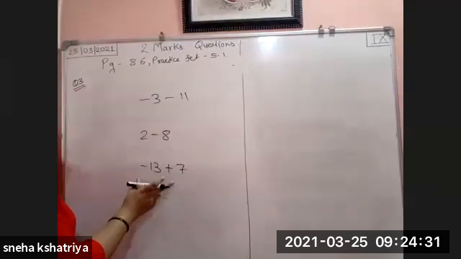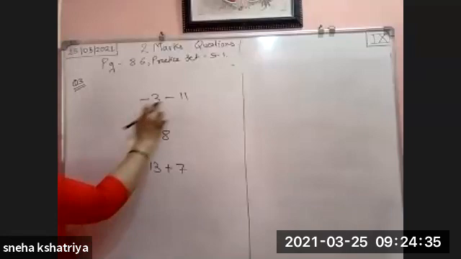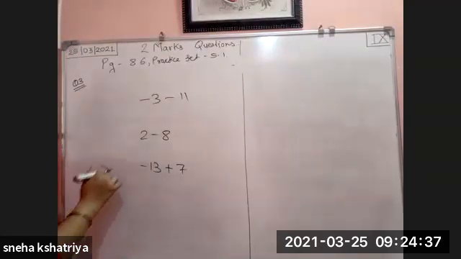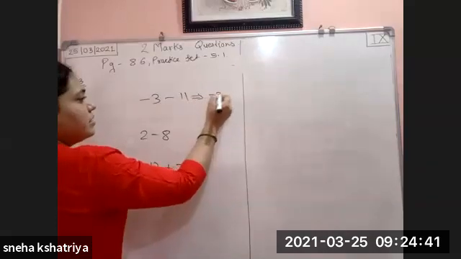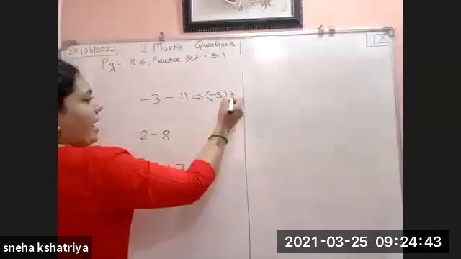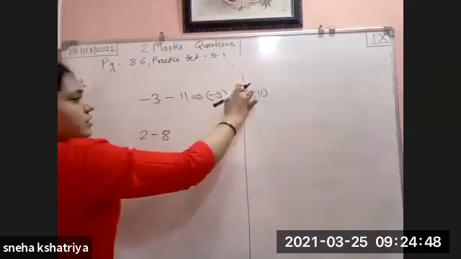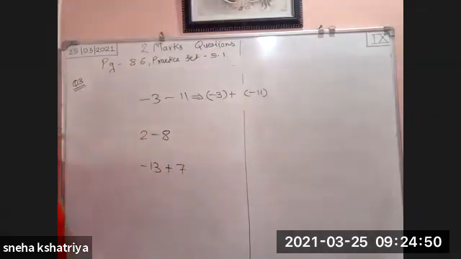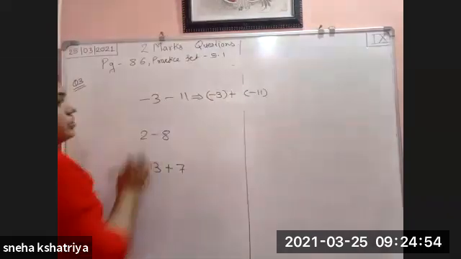See, in addition and multiplication there is a difference. This is addition. -3 minus 11. This is addition. How is it addition? Because this is -3 in one bracket, added with -11 in another bracket. This is the addition. The brackets are there and the addition sign is not written.